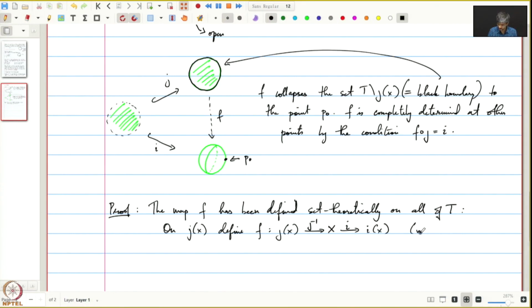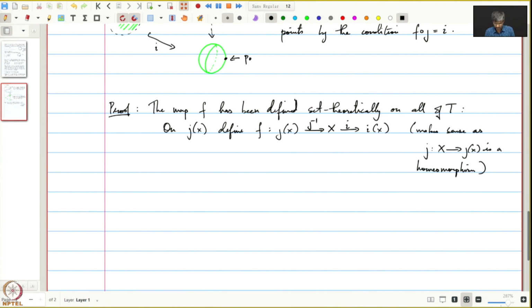This makes sense as J from X to J of X is a homeomorphism. Right. And okay, we don't need homeomorphism right now, we just need a bijection, because as of now we are really trying to say that F is defined set theoretically.